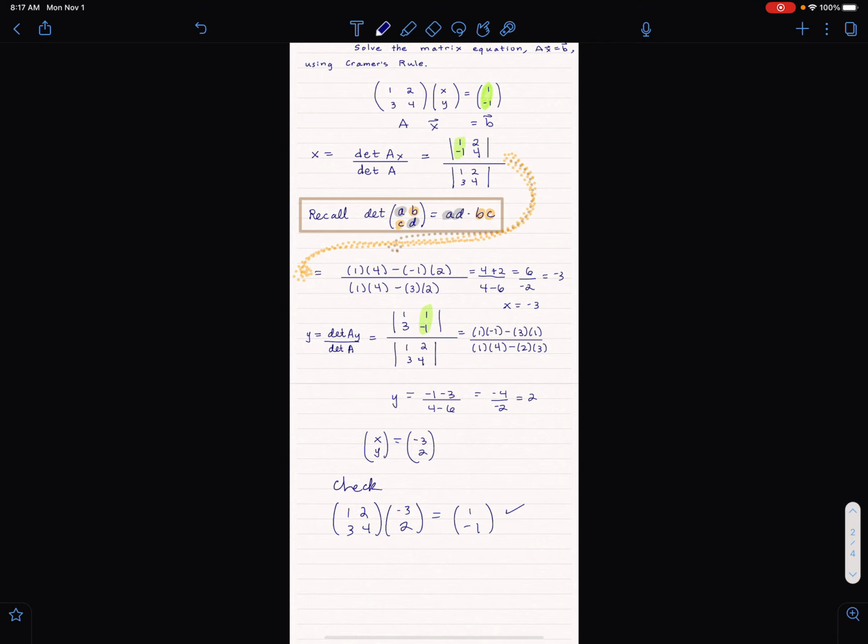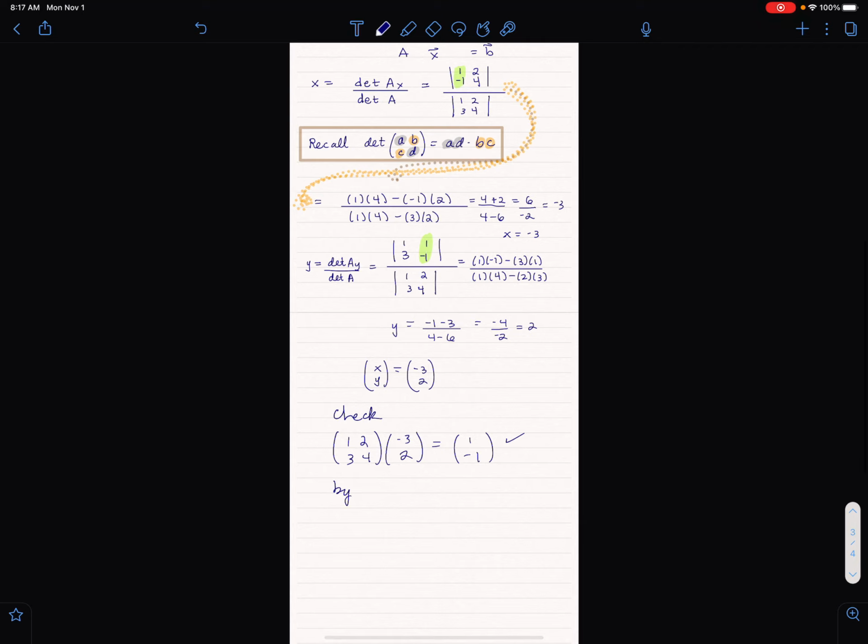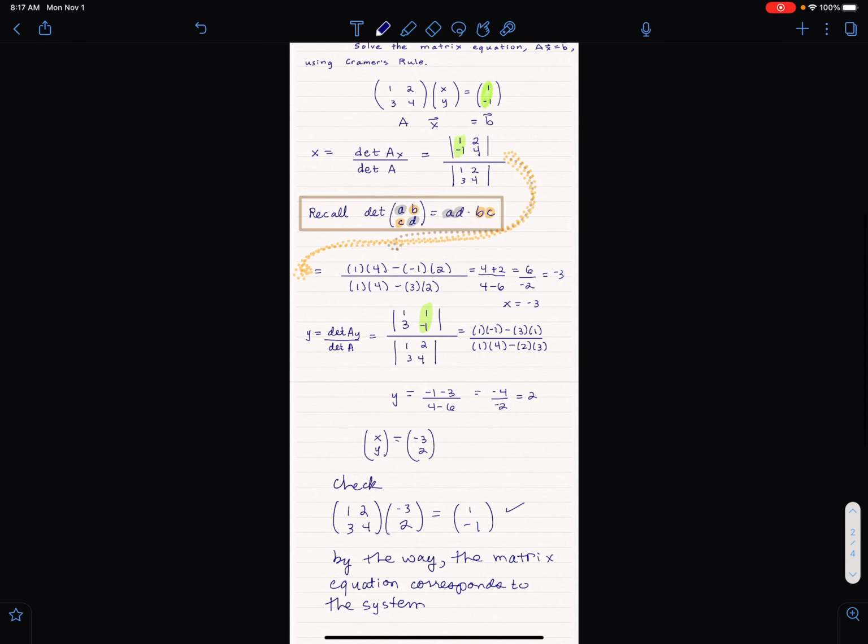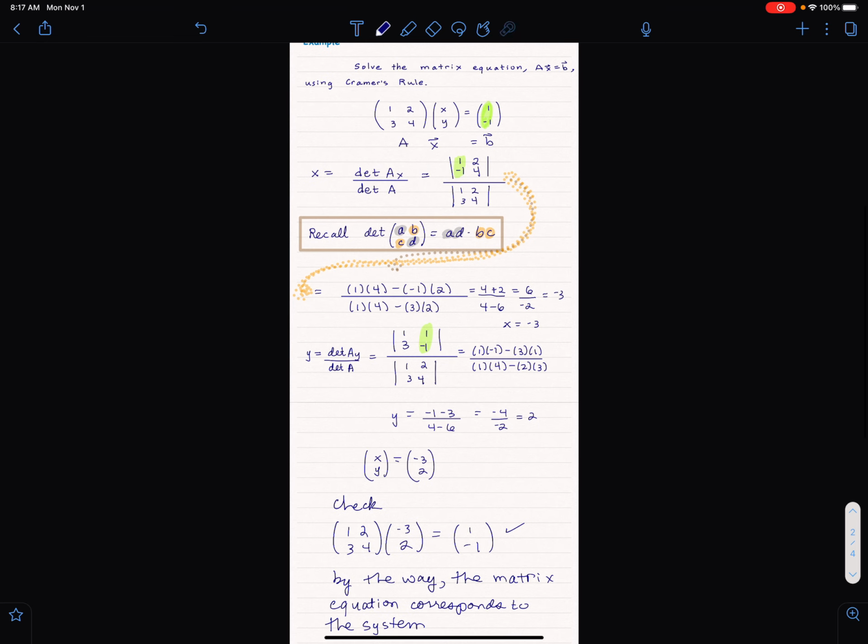By the way, the matrix equation corresponds to the system. I just wanted to point this out. I started off this problem as a matrix equation, where I have 1, 2, 3, 4, x, y, 1, negative 1.